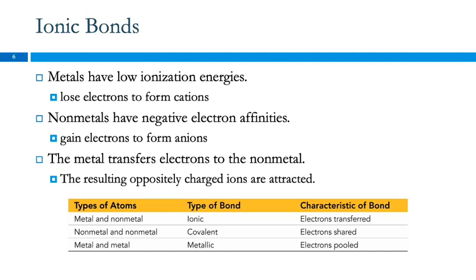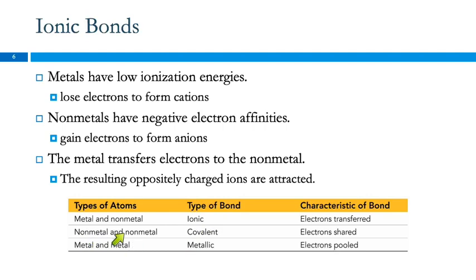So this little table here is giving us a summary of three types of bonds: ionic, covalent, and metallic. Ionic bonds, what we're talking about just here, are between metals and nonmetals, and we get electrons transferred from one atom to another.